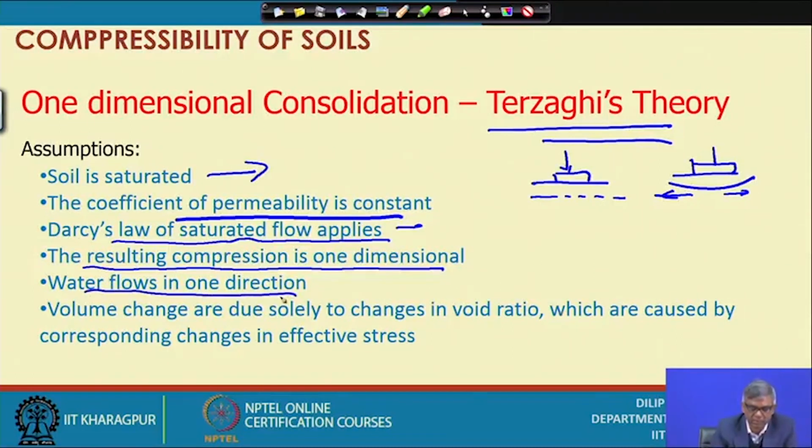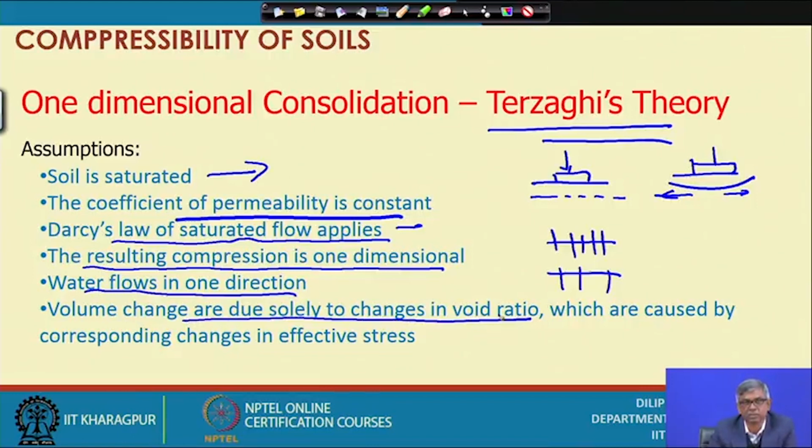Water flows in one direction. Water is present in the soil and it has to be dissipated, so water will be flowing in one direction, vertical or horizontal. Volume change is due solely to change in void ratio, that is another important assumption. That means soil grains are not compressed because of the loading. As I mentioned in the mechanism of consolidation, the compression takes place because of void reduction.